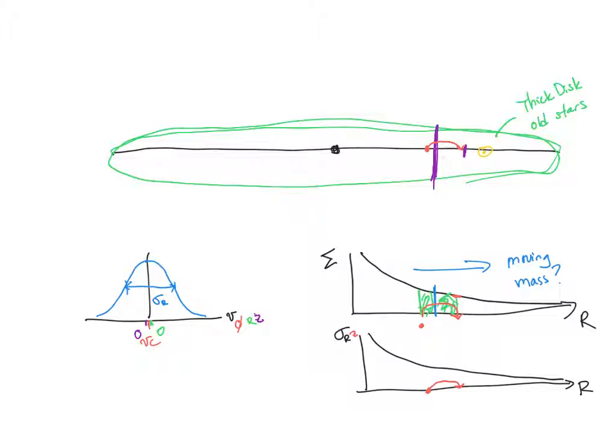So we can think of this vertical motion as like a kinetic energy term. So that's your velocity term. So then what that means is if you've moved out here and you have this high vertical kinetic energy term, then you can move much farther before the vertical forcing from the disk pulls you back.